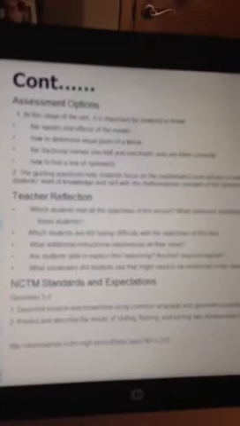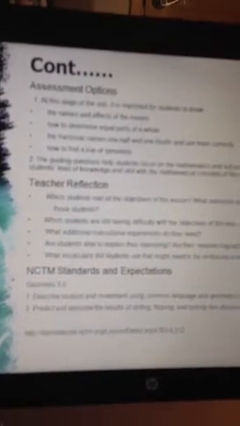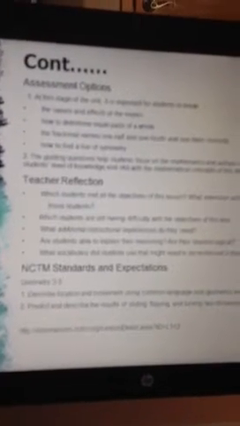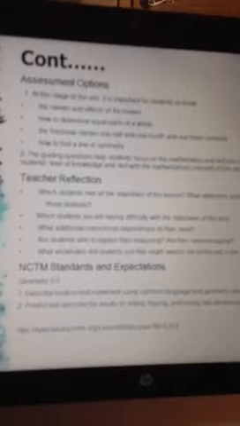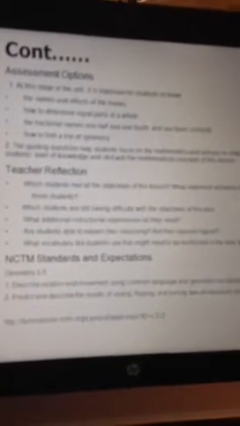One of the other things I liked about the lesson plan was that it had a teacher reflection section, which I noticed a lot of lesson plans do not have. It gives you the idea of how to look back on what you did and whether the lesson worked well or not.